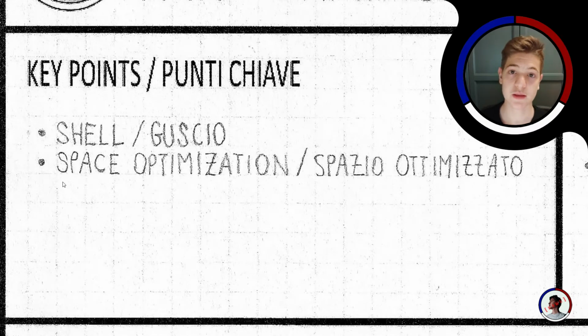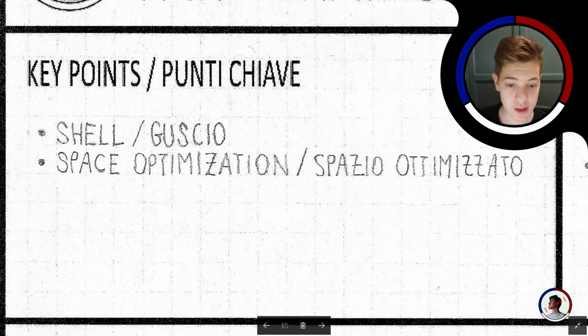And this means that the more space you have, the more people you can host. And because I think that probably this future Apple car will be a self-driving car, then you have the opportunity to optimize the inner space, the inner room. So we have the space optimization key point.